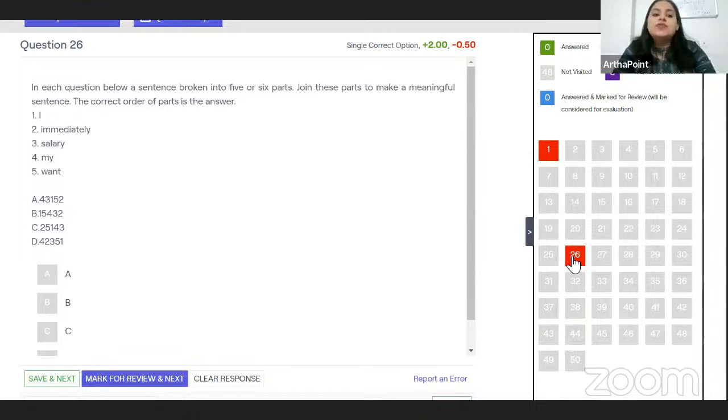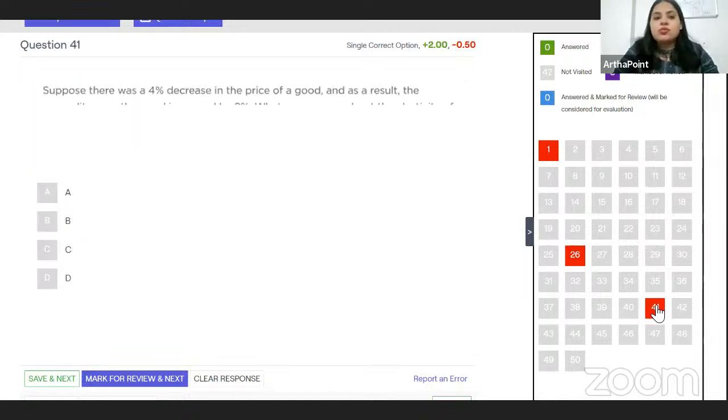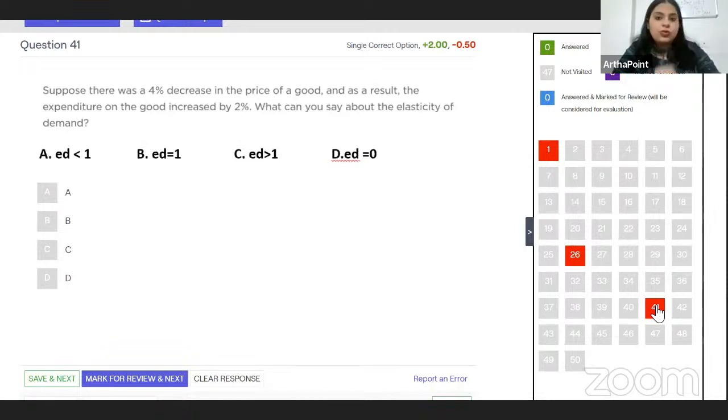For example, 'I immediately salary my want', a very simple sentence, and you just have to tell what is the correct order. Now, if I go down to question number 41, these are questions related only to the economics that can be asked from class 12, not beyond that.